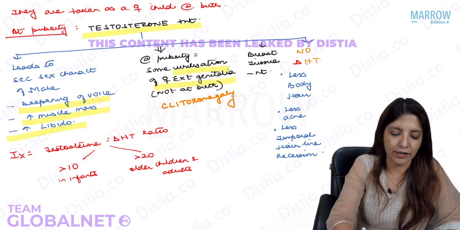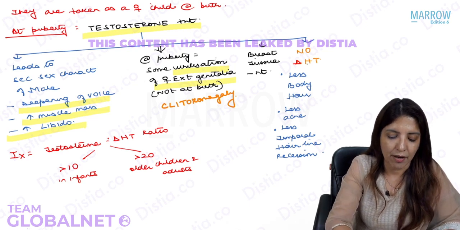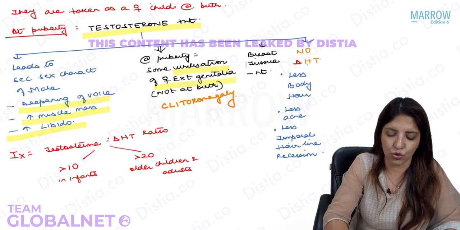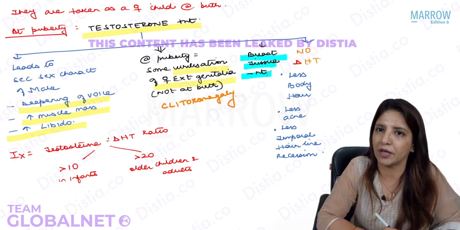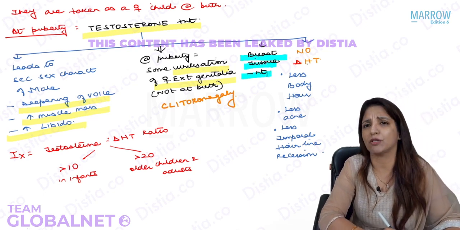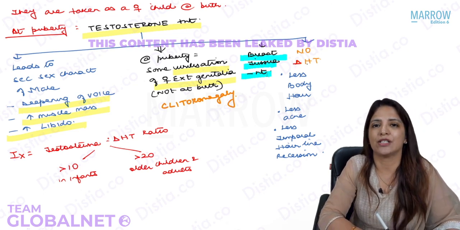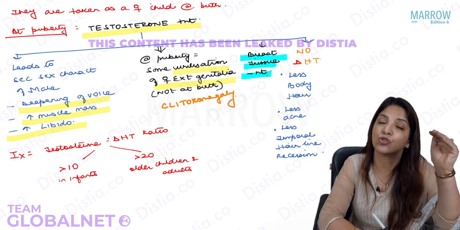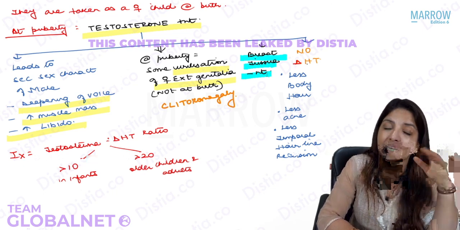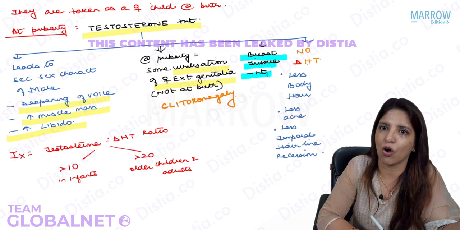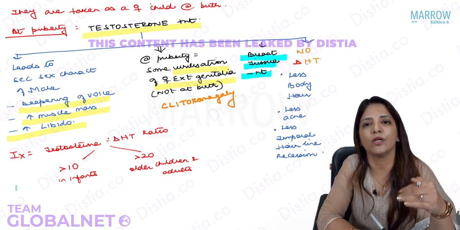Now, over here, testosterone is present, but estrogen is not present, so there won't be any breast development. They have entirely secondary sexual characteristics of males, right? In case of androgen insensitivity syndrome, the levels of testosterone were very high, right? They had insensitivity to testosterone, so testosterone was getting converted into estrogen.